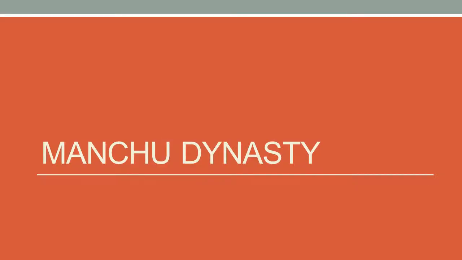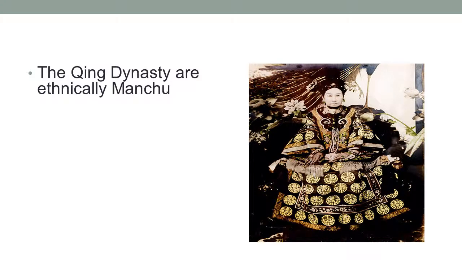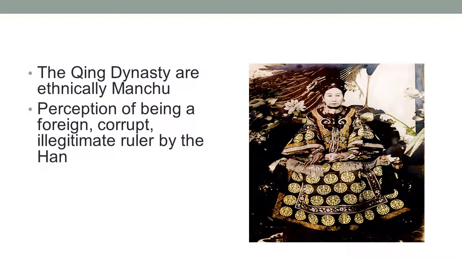One of the most important long-term causes of the Chinese Civil War is the Manchu Dynasty, the Qing Dynasty. The Qing Dynasty began rule in China in the mid-17th century. And they were ethnically Manchu, that is coming from the Manchu portion of China in the northeast.